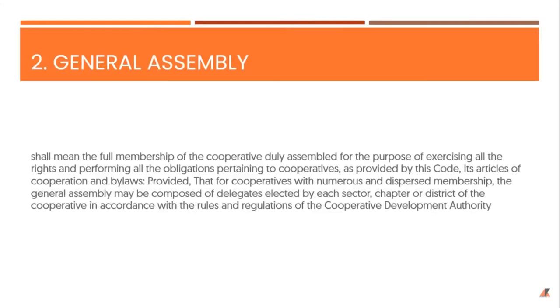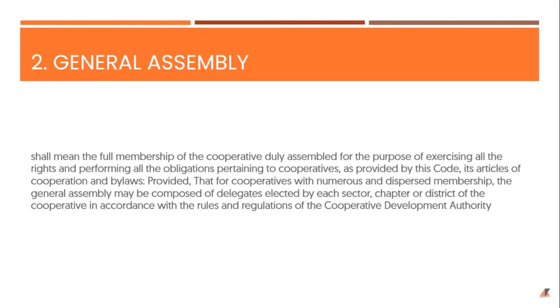Next, we have the General Assembly. Okay. So, pag sinabi nating General Assembly, it refers to the governing body. The ultimate governing body of a cooperative. So, sila yung pinaka nagde-decide. So, sabi dito, General Assembly shall mean the full membership.